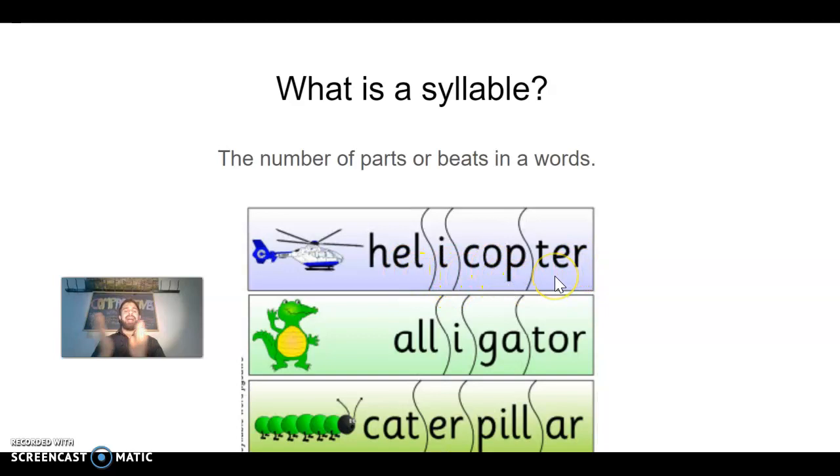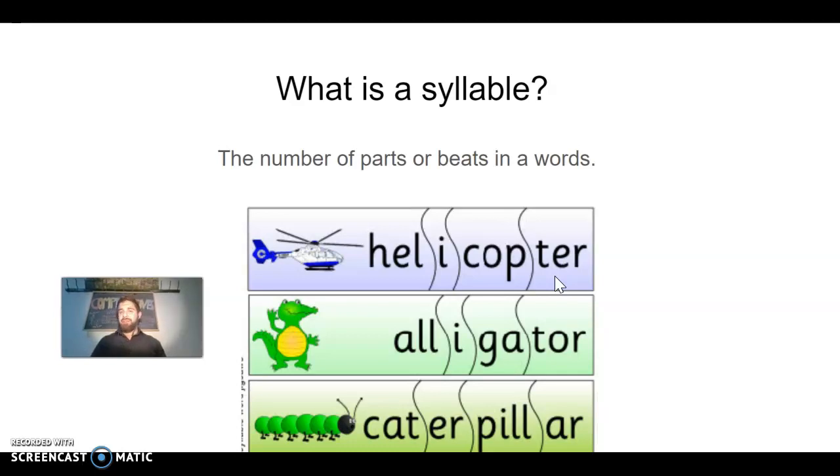Helicopter. 4 syllables. Alligator. 4 syllables. Caterpillar. 4 syllables. The adjective tall. Tall. 1 syllable. It's a 1-syllable adjective.